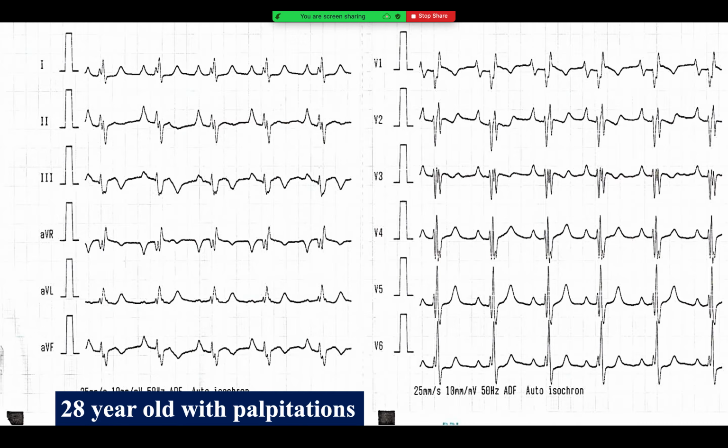A grown up young boy with palpitation. Sinus rhythm, yes, but how are the P waves?